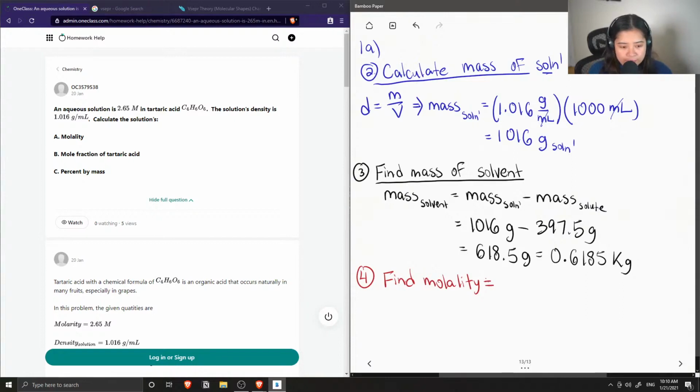Molality is equal to 2.65 moles. So this mole value stays the same. And now we just divide by the mass of our solvent, which we found was 0.6185 kilograms. And we get a final molality of 4.28 moles per kilogram.